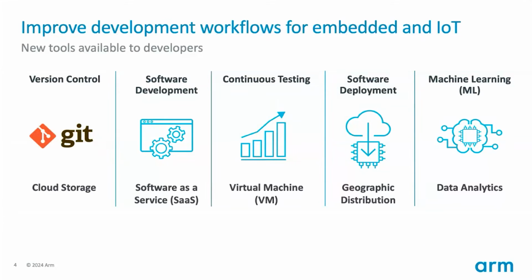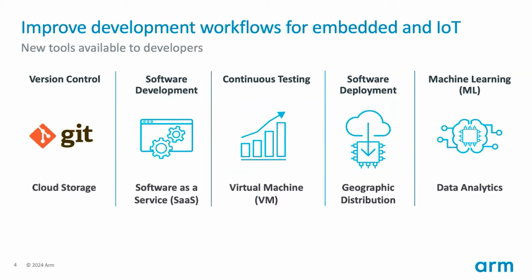So how can or do we have to improve the development flows for embedded and IoT? So for example, today we need a cloud storage service for our repository, and with cloud I mean off-prem or on-prem. So I would say also a server in your own network is kind of a cloud device. Of course, it depends on how good it is backed up and things like that.